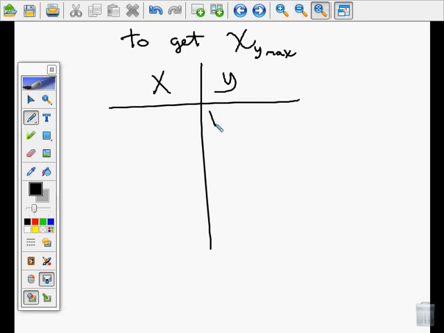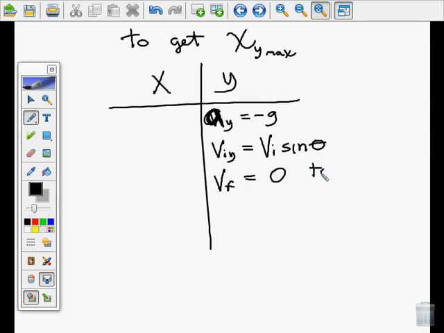On the way up, we always write the acceleration in the y direction is negative g. And the initial velocity in the y direction is equal to v_i sine theta. And the final velocity at the top is equal to 0. And we're trying to figure out how high it goes, x_y max.